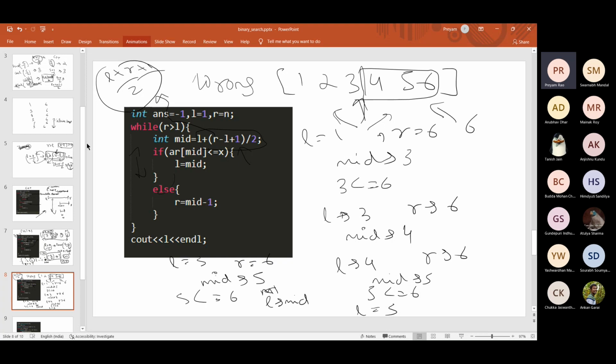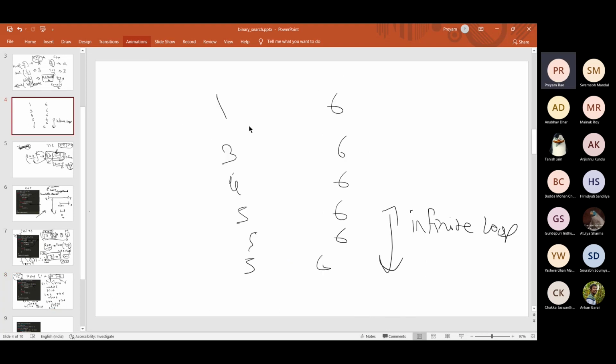Now how would this work? How is this different from the previous case? Well, pretty simple, let's look. If we look at the same case again, we have 1 and 6. L is equal to 1, r is equal to 6.